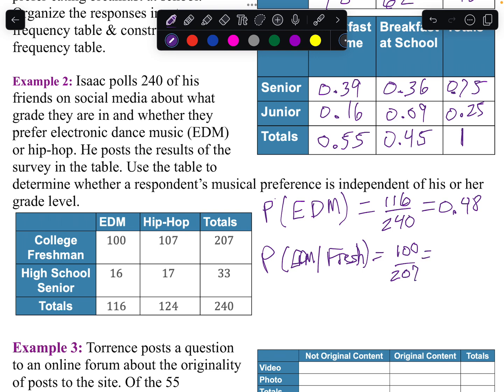So if I take 100 and I divide that by 207, notice I get pretty much the same answer. These two are the same. So that tells me they're independent. It doesn't matter what grade level you're in. Your music preference is independent of your grade level. That's how we tell that. So we have to see if they're the same. The probability of A is the same as the probability of A given B is what we're saying.